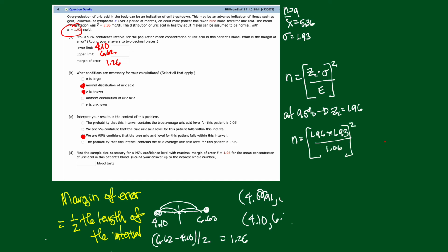And don't forget to square it and then round up. So I got 12.735, but I have to round up. All right, so when I round up, I get 13. So our sample size necessary in order to construct this interval is going to be 13.